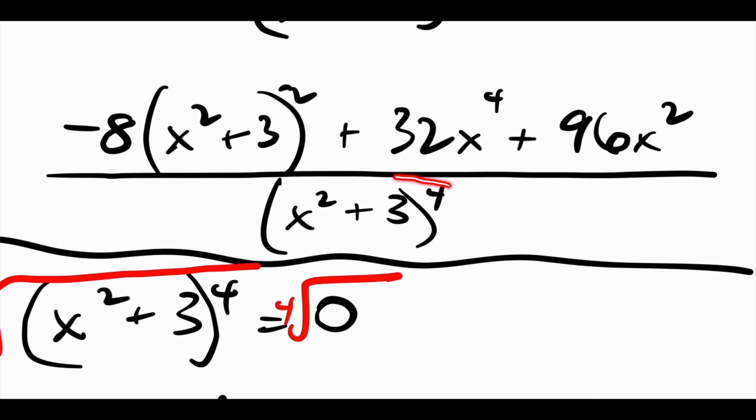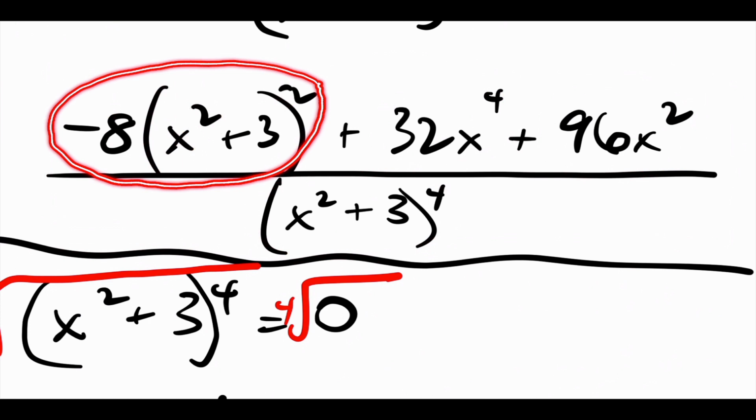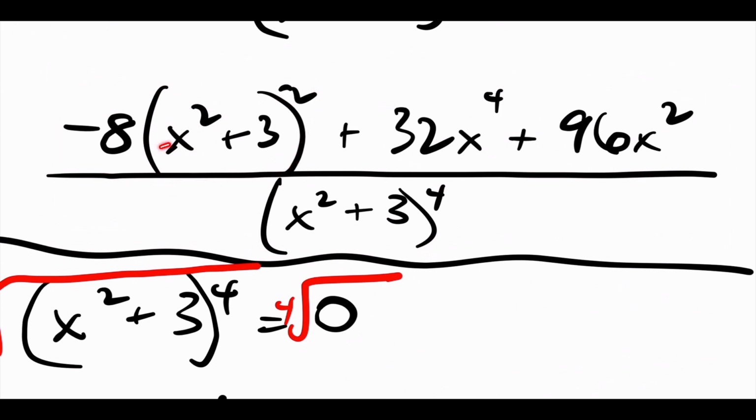The bottom will be positive as well. Okay? So the only part I have to worry about is this part here. So when you square -2, you're going to get 4.